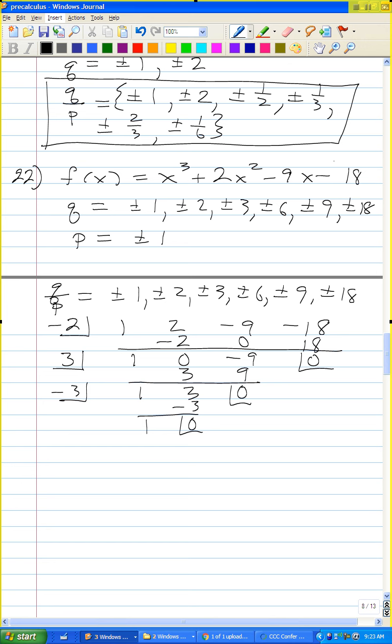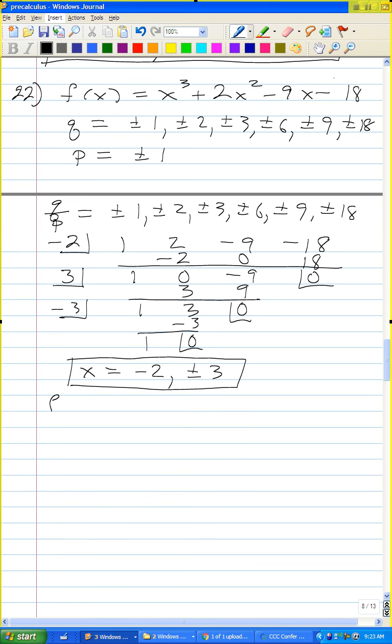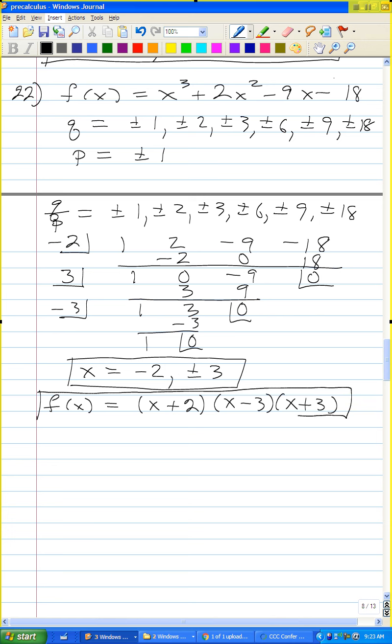And so the roots are -2, plus or minus 3. But it also said to factor f. So f of x is equal to x plus 2 times x minus 3 times x plus 3, since I already have listed all the roots, and this is a monic polynomial.